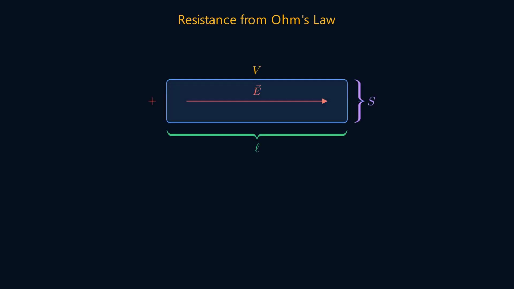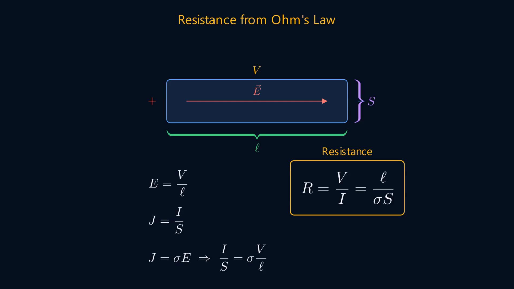Let us connect it to the familiar circuit form V equals IR. Consider a conductor of length L, uniform cross-sectional area S, and conductivity sigma, with a potential difference V applied across its ends.